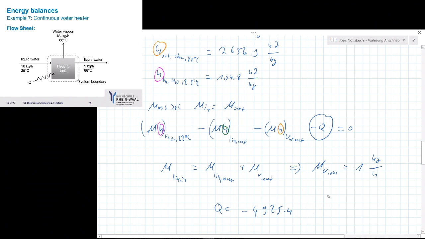So we just keep it at kilojoule, and this value is negative. Therefore, we must bring in the heat by definition. If it would be positive, the heat would go out by definition. That's it for this equation, and this is the solution. So this is what comes out. I just put in the values here. I didn't write it again because writing it again just takes time.